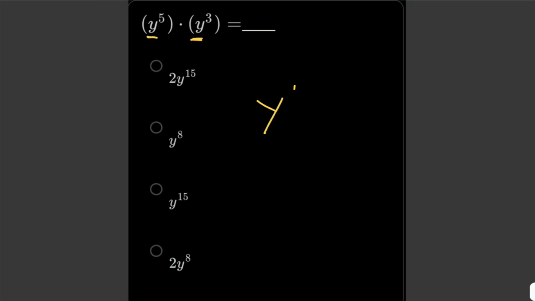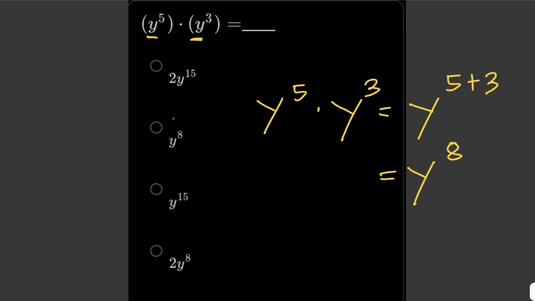So y fifth times y cubed would become y to the 5 plus 3, which is just equal to y to the 8. So the answer here is this one.